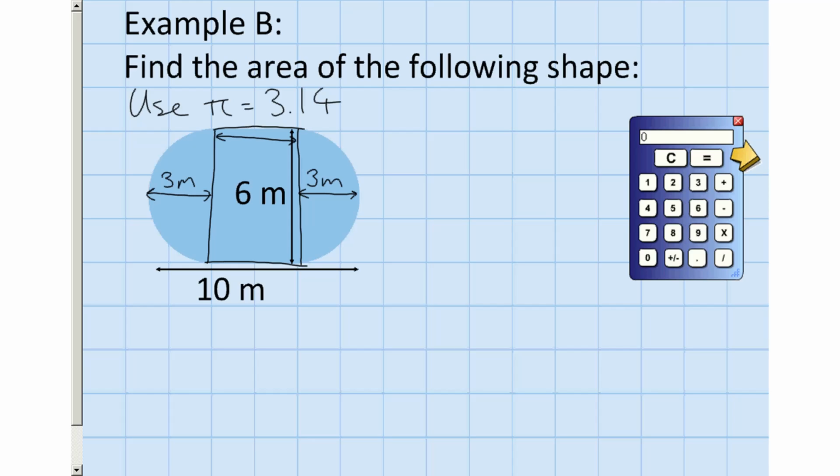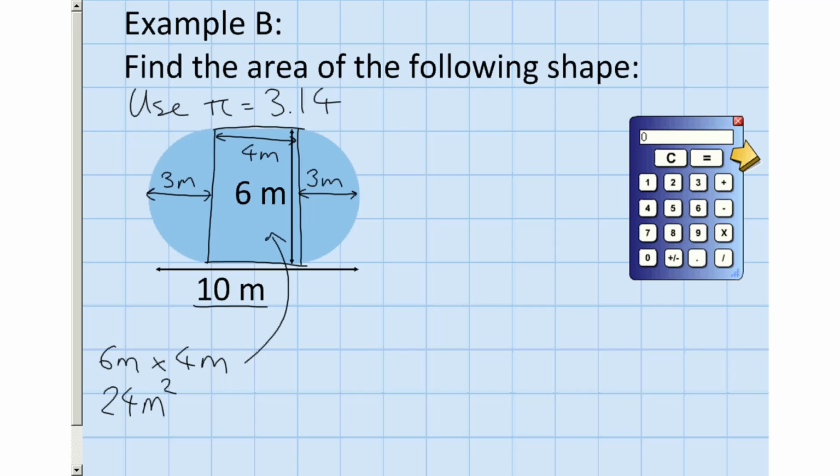So that means that this length in the middle must be 4 meters, because they must add up to give 10. 3 add 4 add 3 gives 10. So the area of the rectangle, we know that's 6 meters by 4 meters. 6 times 4 gives me 24 meters squared.